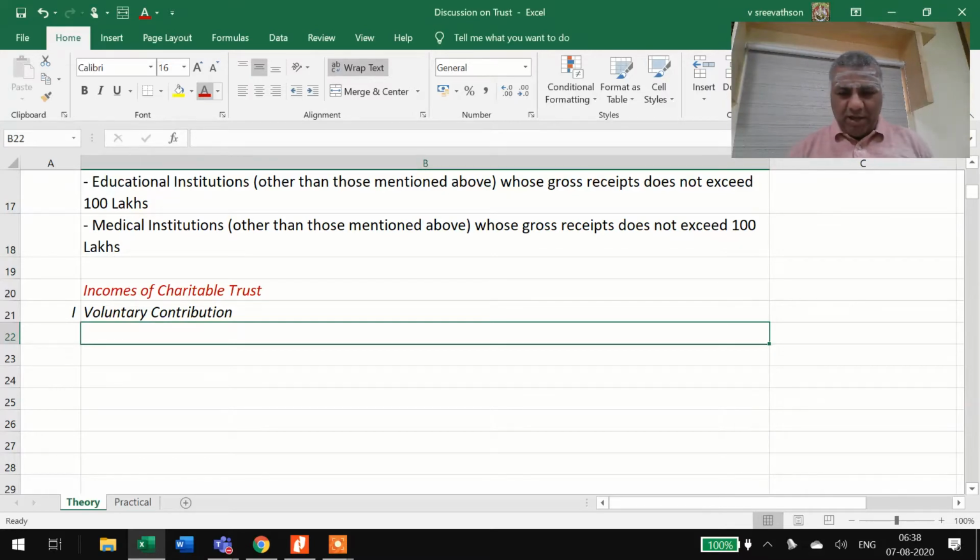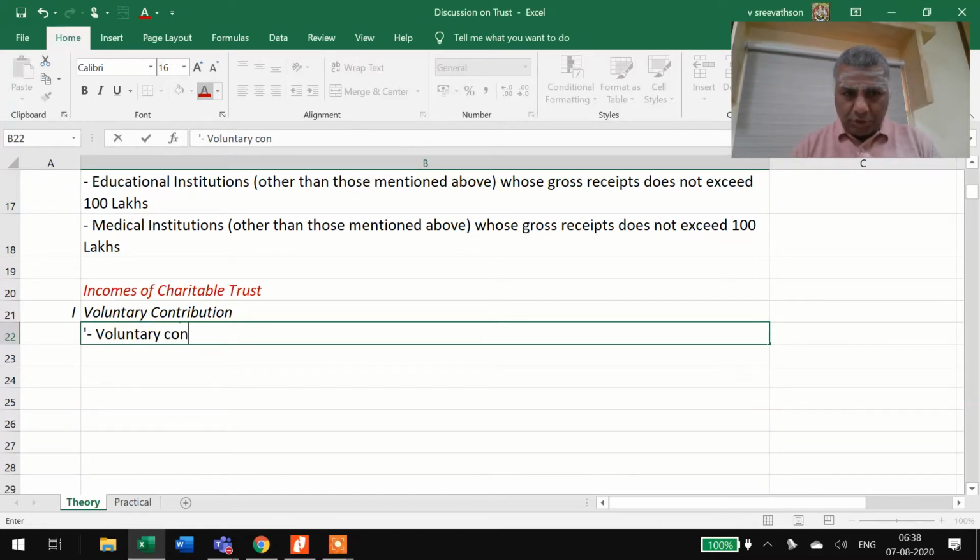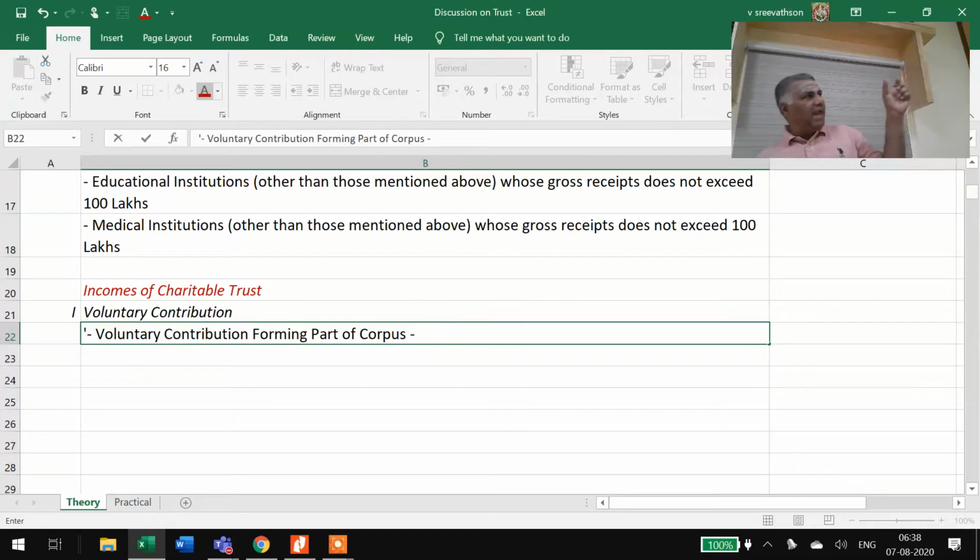In the extreme left, you will write: forming part of corpus.